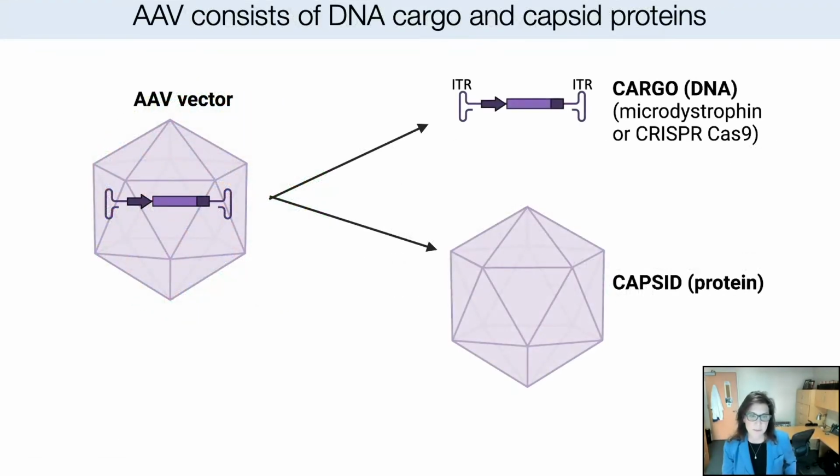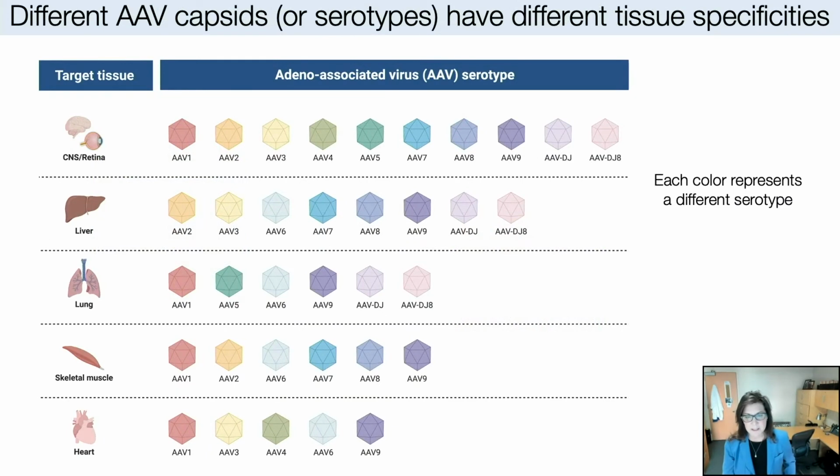And these are the capsid proteins. So AAV is encapsulated by these capsid proteins, and it is also made up of a single-stranded DNA molecule. So there are two components to the AAV system. Next slide, please. And it's the capsids that serve like a zip code. They help target the AAV that we're using to the tissue of choice.